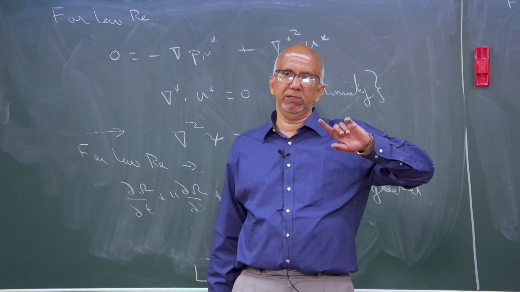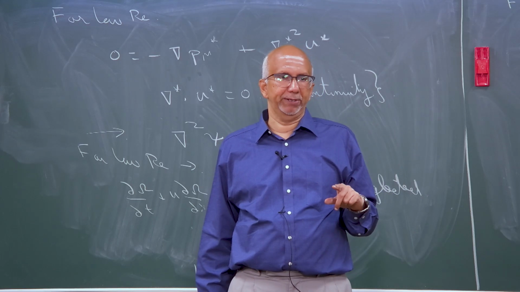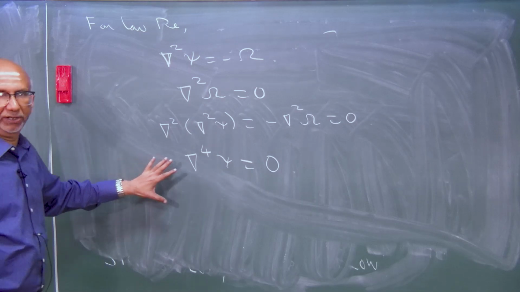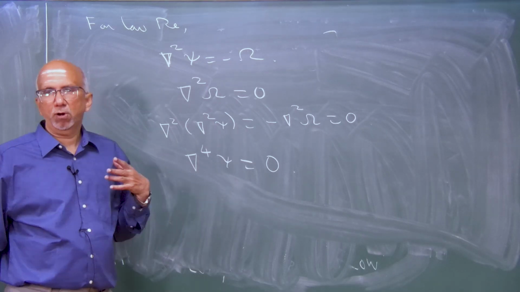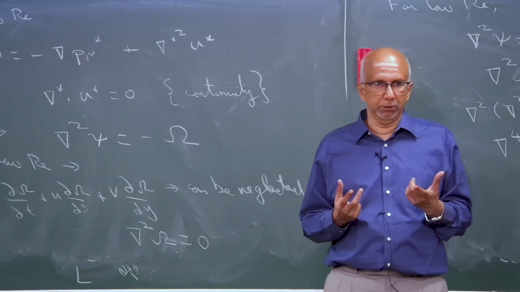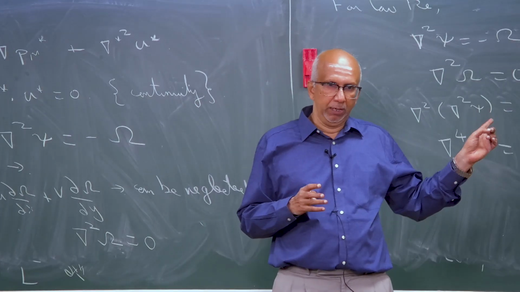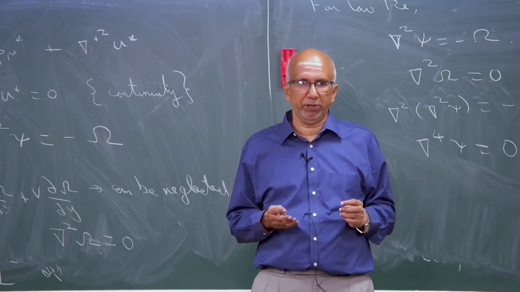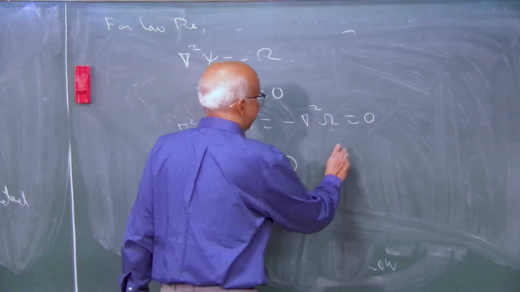When I go to cylindrical and spherical, this del square gets modified to E squared, another operator. So, this is true for Cartesian coordinates and 2D flows. If you do not want to solve two equations and two unknowns, psi and omega, we can eliminate omega like I have done, but I can do this in the limit of low Reynolds number, and I get a linear equation, and this is called the biharmonic equation.